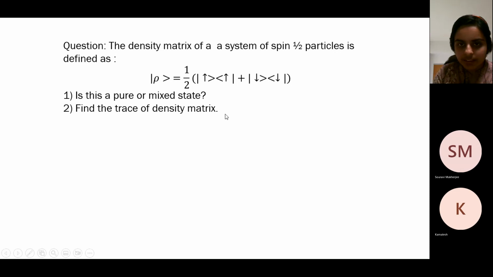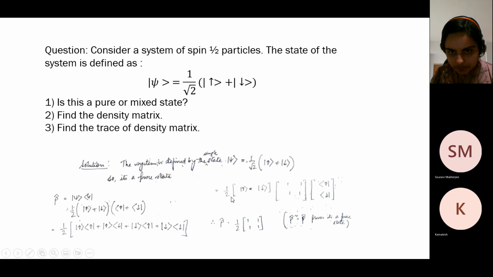So let us look at this example. Here, you have a similar kind of expression, right? So what is this giving you? When you multiply here, you'll get up, down, and then again up and again down. Oh no, what am I saying? All wrong. Wait. It should be up plus down.